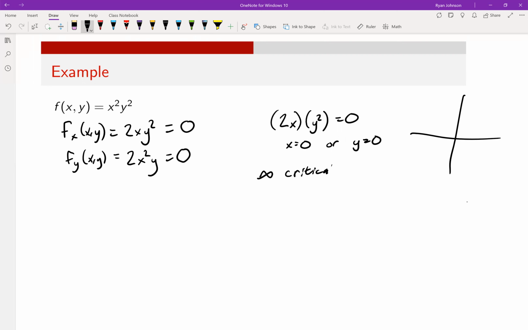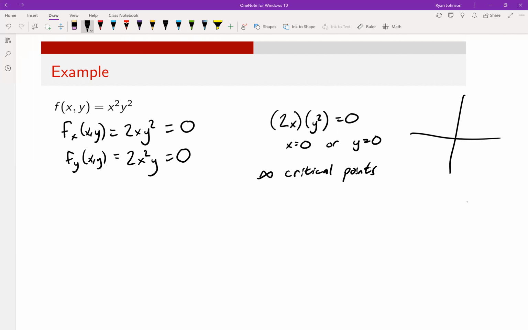So what should you do? Well, look at this. X squared is always positive. It's only 0 when x is 0. Y squared is always positive. It's only 0 when y is 0. So that means it goes up from there. Anywhere where it's not on the axes, it's going positive.